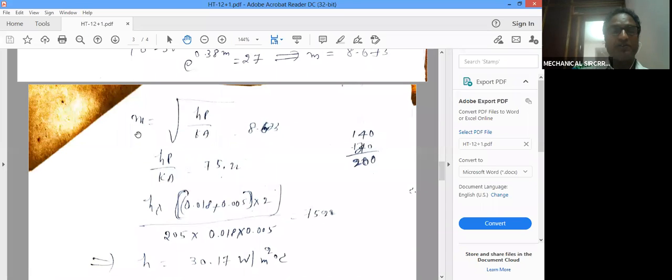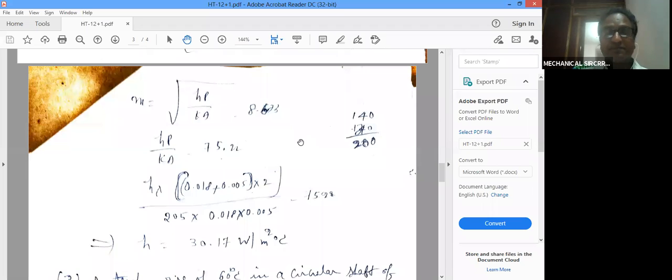M is equal to square root of HP by Ka. That's why the square root of HP by Ka is equal to 8.673. Okay?